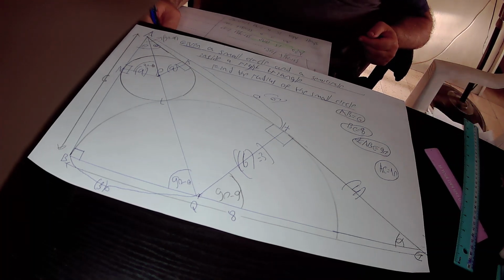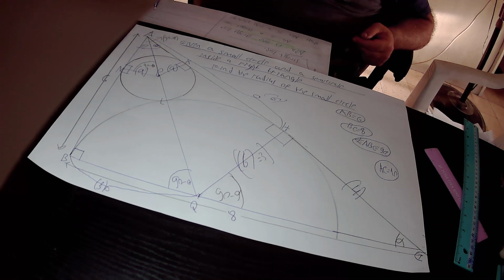We prove that the big right triangle ABQ is similar to this small right triangle ANP.